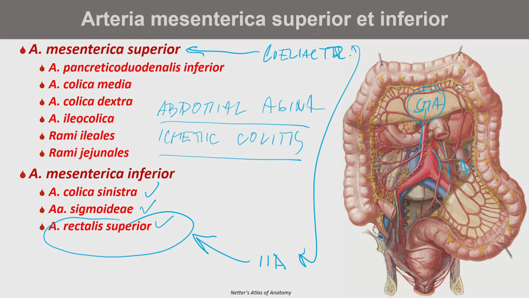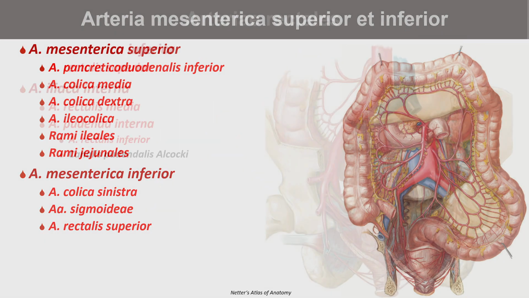The collateral circulation between those territories or territory of pelvic arteries is through this way, and this way between inferior mesenteric artery and superior mesenteric artery is called anastomosis, named by Riolan, after the author. Riolan anastomosis. Important collateral circulation.